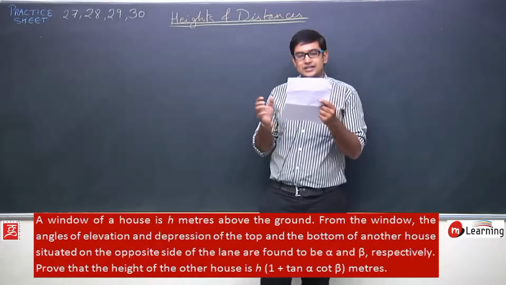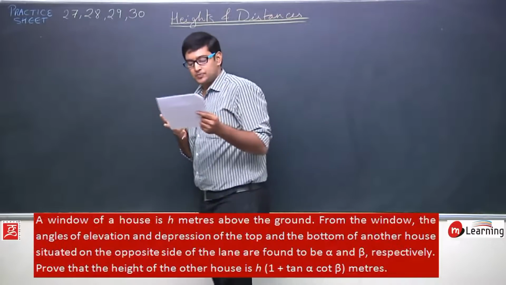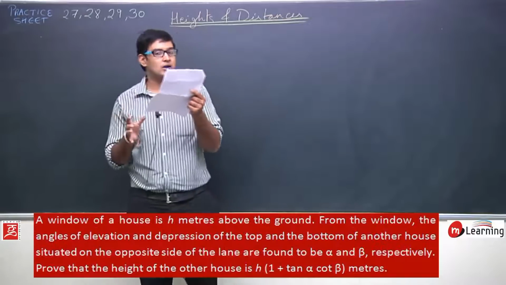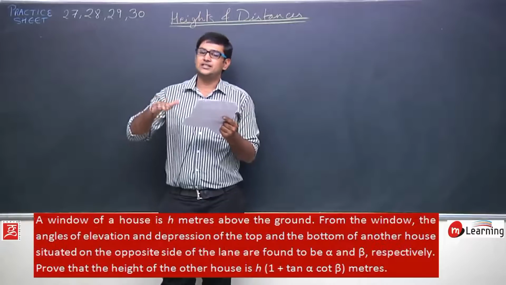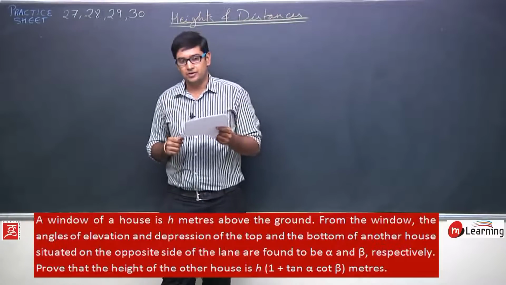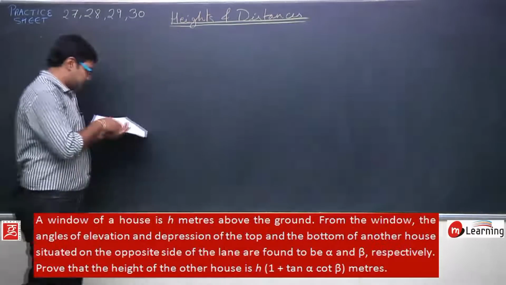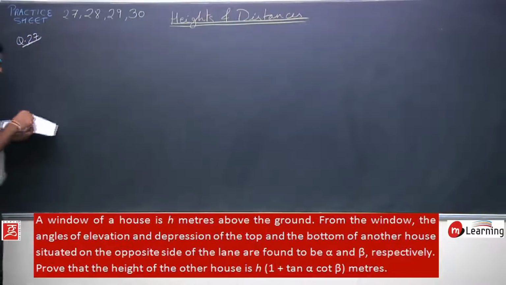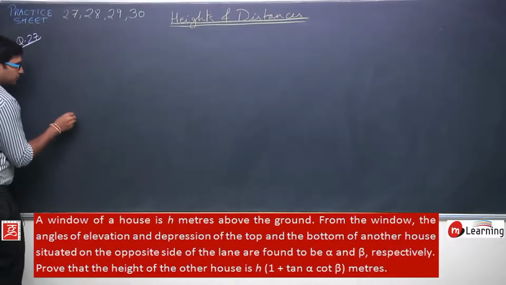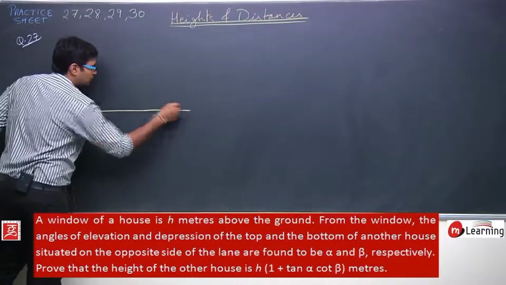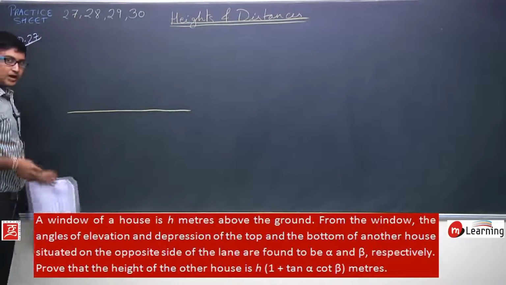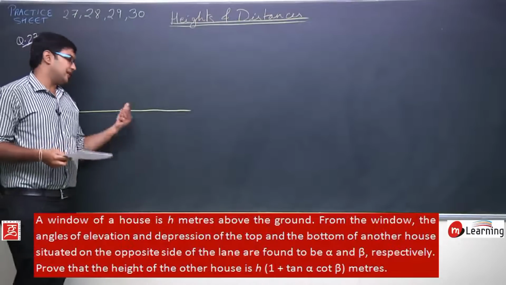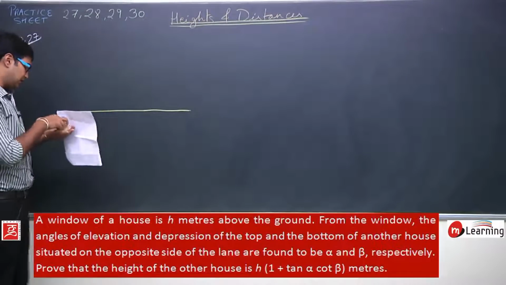Okay, so let us try to visualize this question. It says a window of a house is h meters above the ground level. So there must be a ground level. In question number 27, I need to draw a ground level first, and the window of the house is h meters above this ground level.